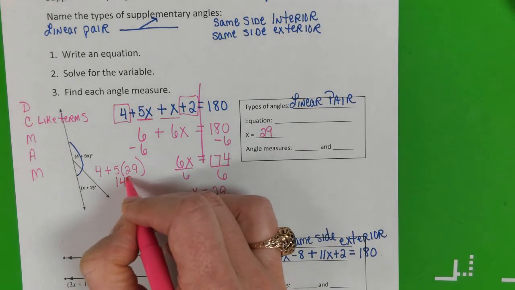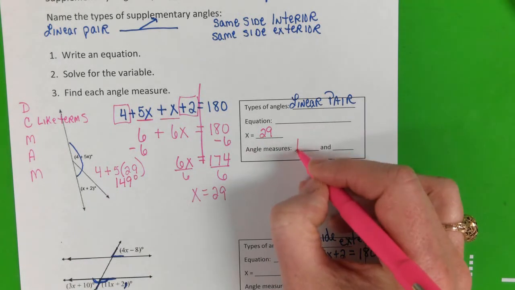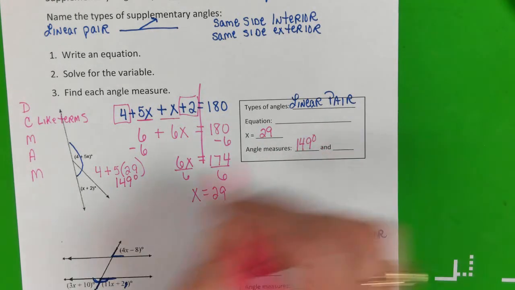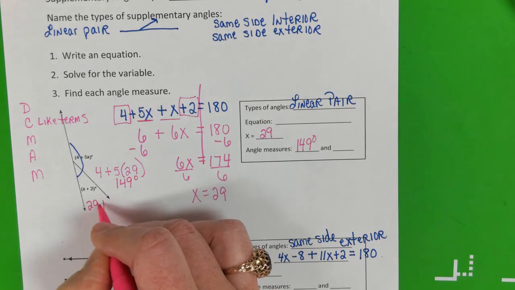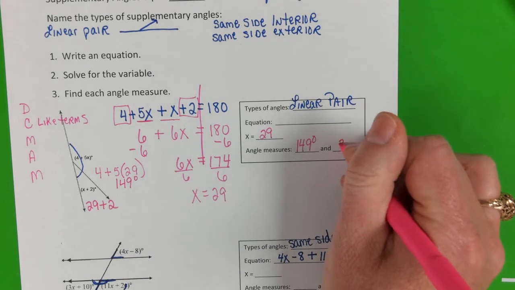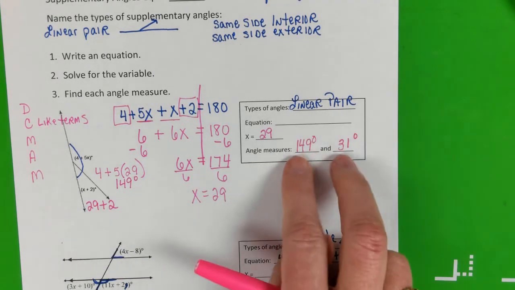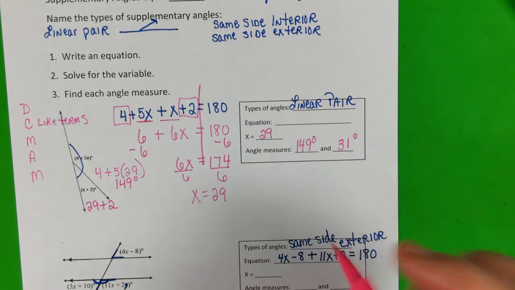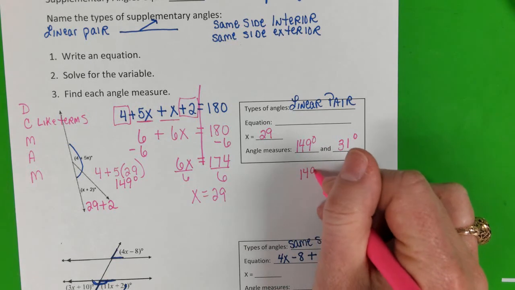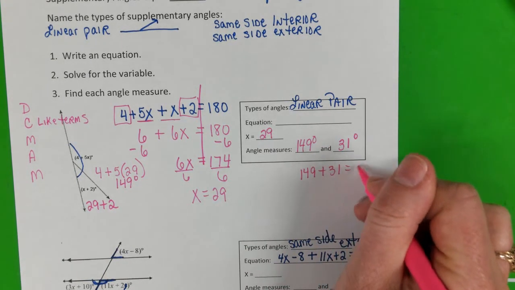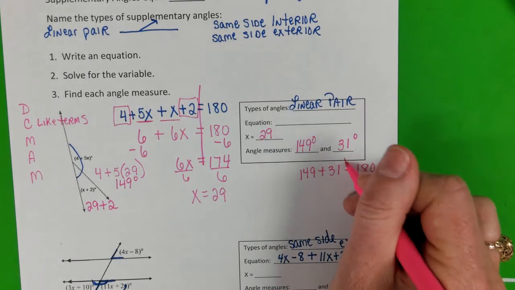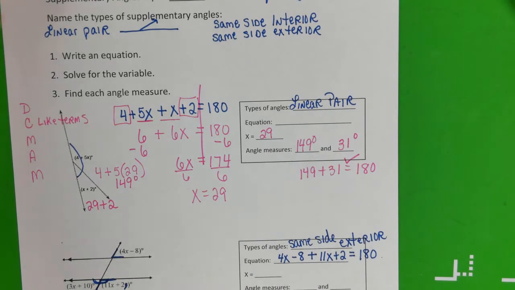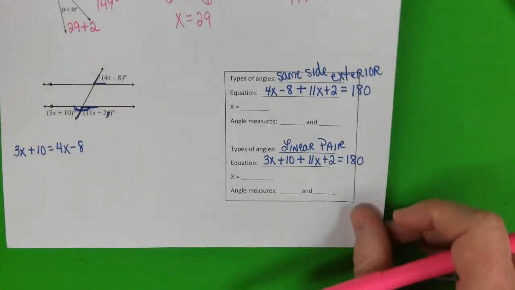So this angle is 149 degrees. And then this angle is simply 29 plus 2, which is 31 degrees. And if we did it correctly, this should add up to 180. So we could check ourselves. Is 149 plus 31 equal to 180? Yes, it is, right?